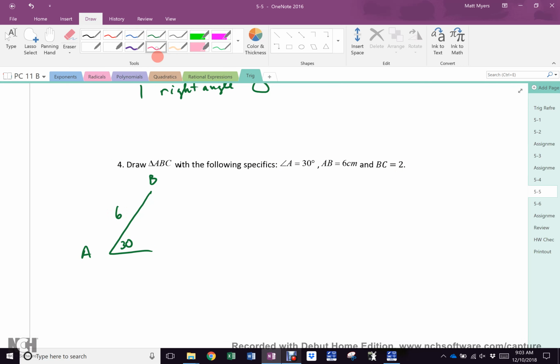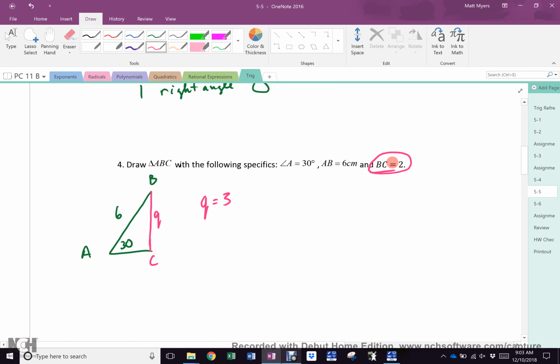If I drop this line down and make Q, we know that Q has to equal 3, doesn't it? Everyone agree? But what is Q? Because that would make this C, right? How long is BC? 2.